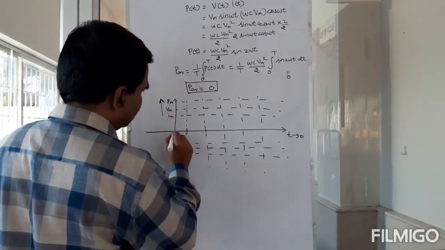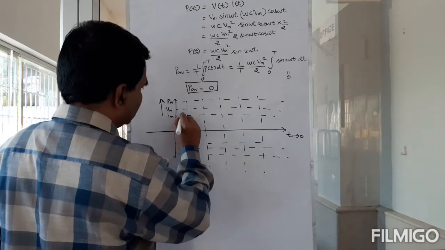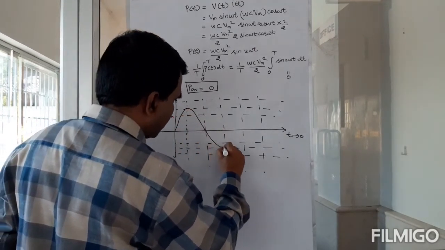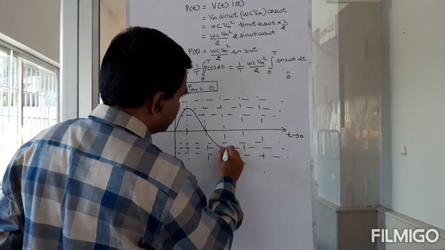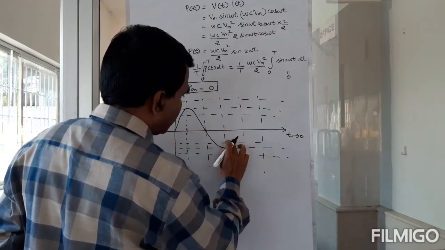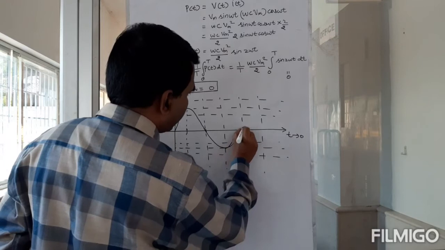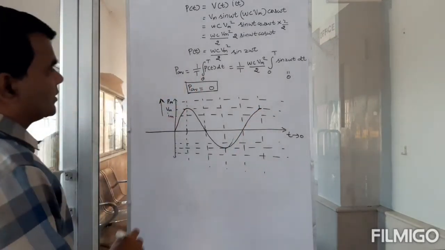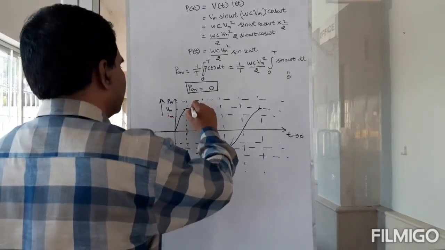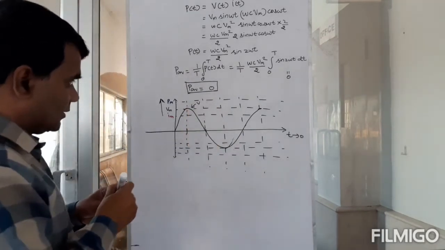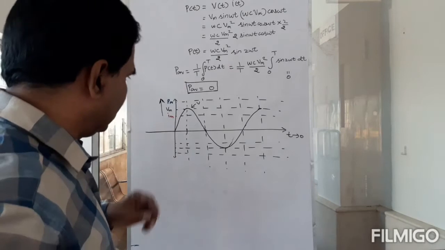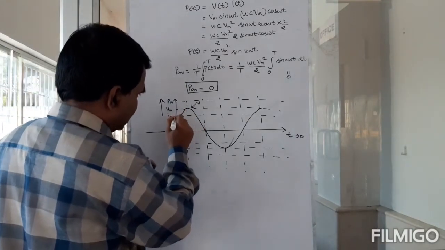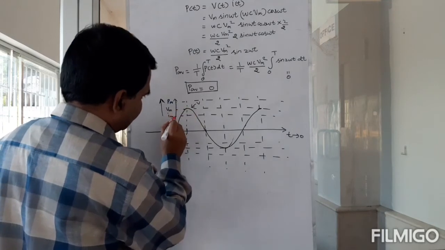I start here, then 0, sine curve, like that. So this is my voltage, maybe. And what is my current? This has to be like this, right? This should reach peak first, and after that the voltage should reach.